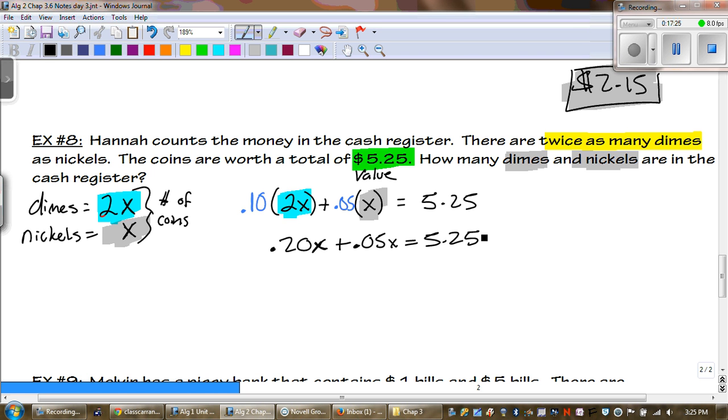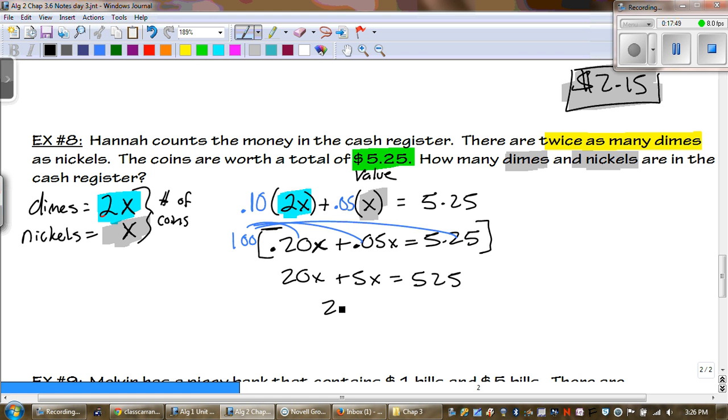5.25. And we've talked about how you get rid of decimals. Multiply everything by 100, or however many numbers are behind the decimal. And voila, you get 20x plus 5x equals 525.